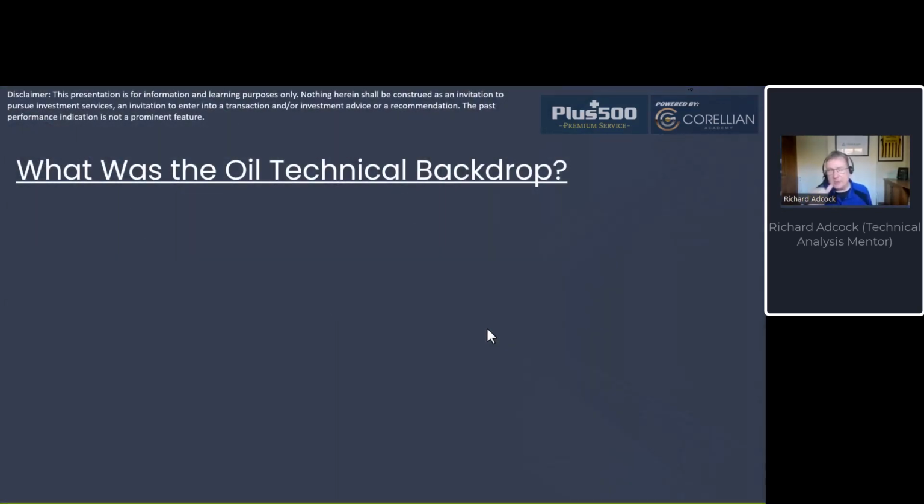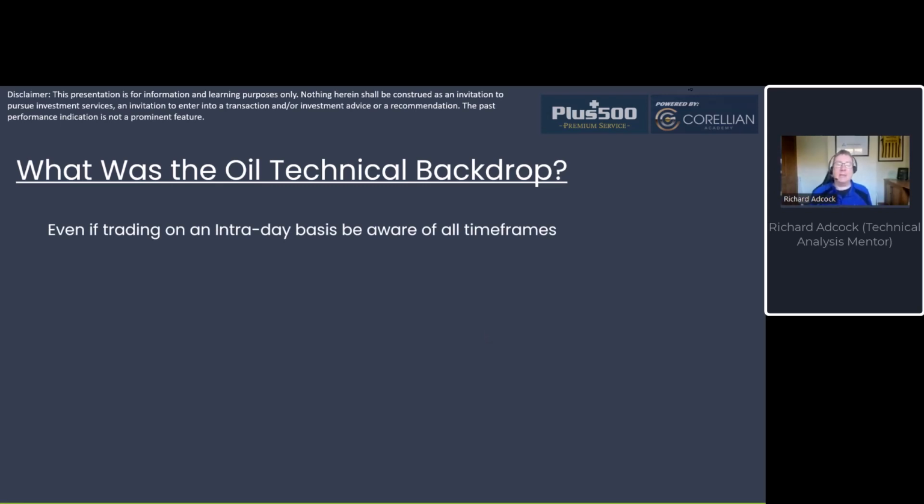And the first thing, if you're trading from an intraday perspective, is that you should always establish what the technical backdrop is across all time frames. It's very important to be aware that even if you're trading on an intraday perspective, you should be aware of the longer-term time frame.